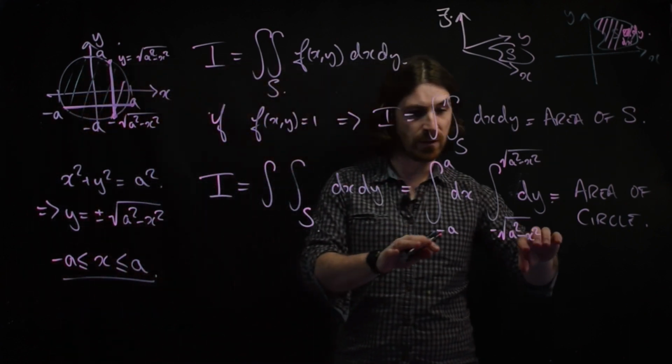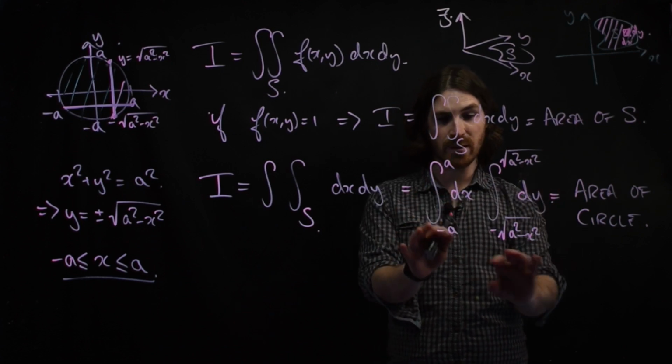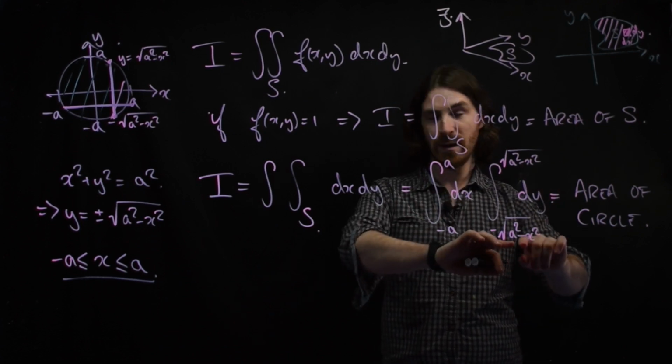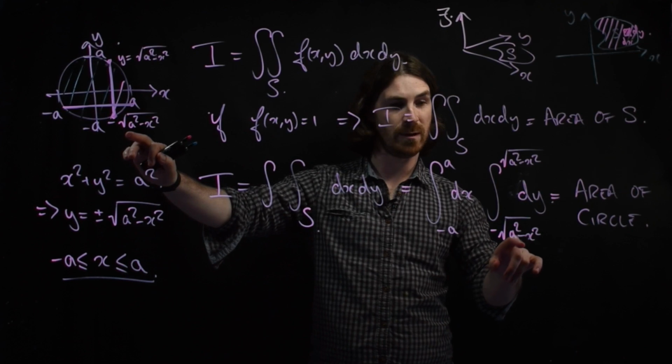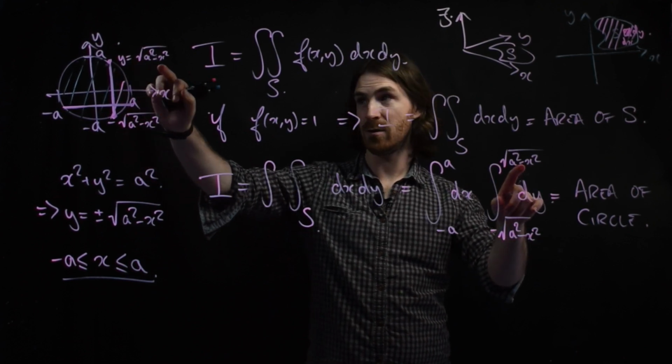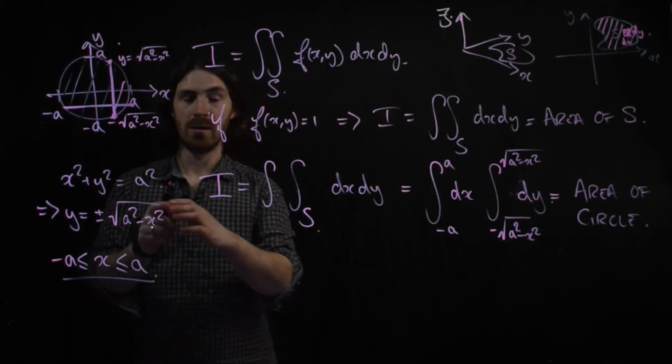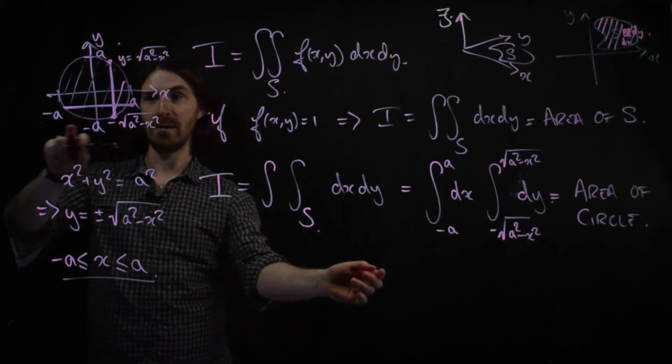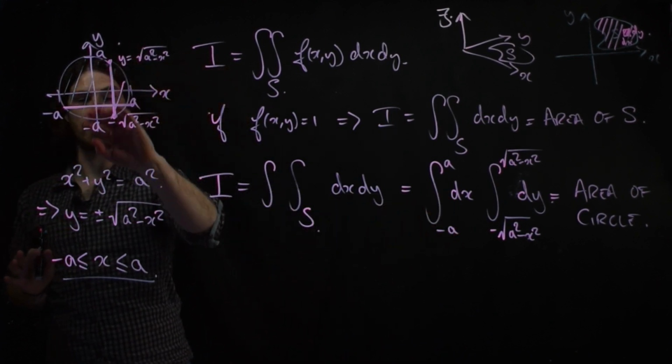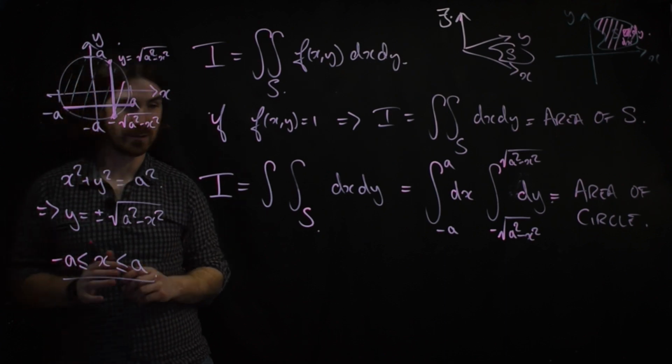Hopefully you can convince yourself that doing this integral, where y goes from minus the square root of a squared minus x squared to the square root of a squared minus x squared, and x goes from minus a to a, spans the whole space, so this covers the whole region of the circle.